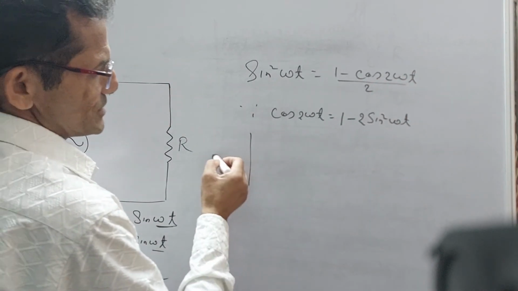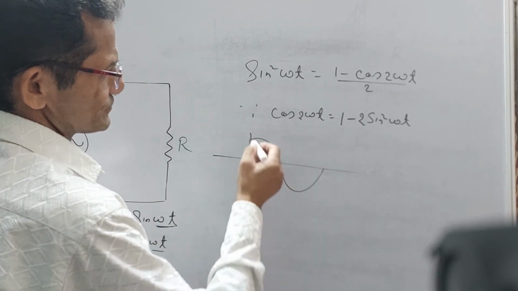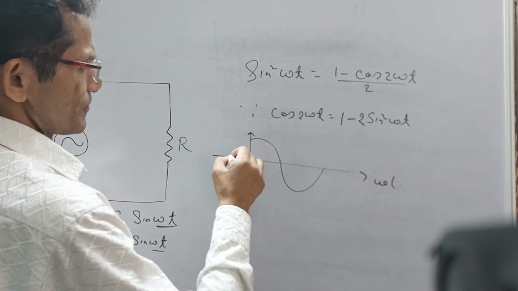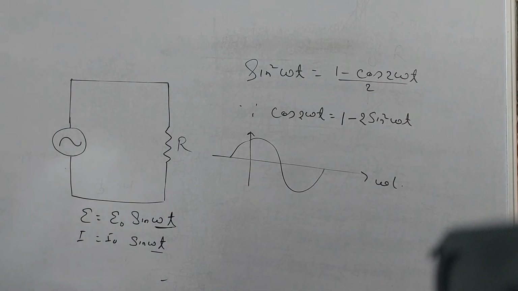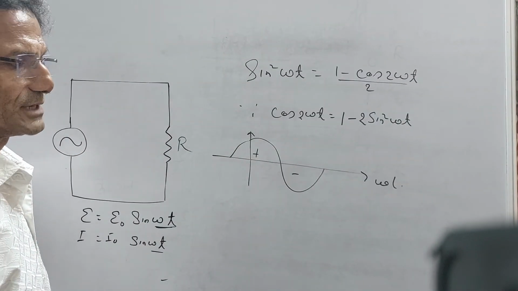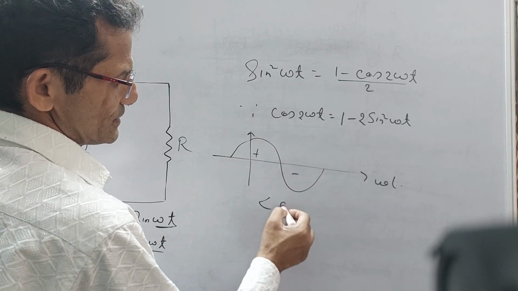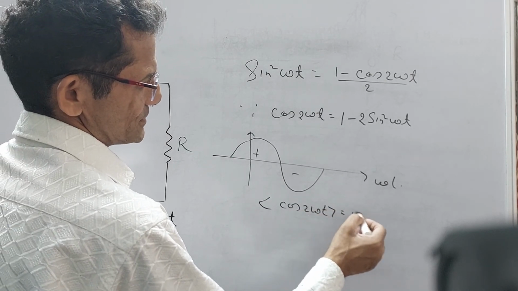If I draw the graph of cos 2 omega t, it comes out like this. Half of the cycle is positive and half is negative, so the average of cos 2 omega t is equal to 0.